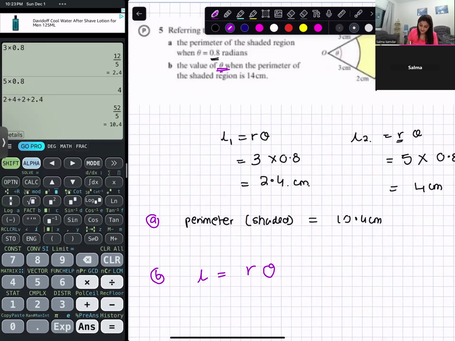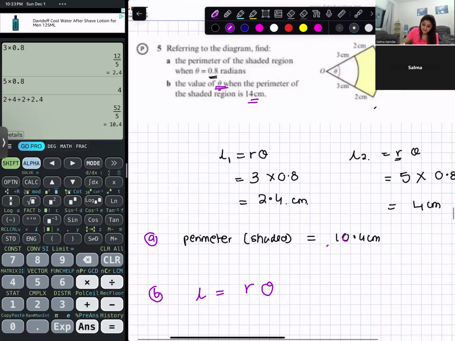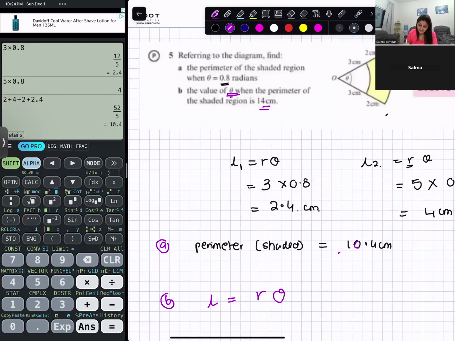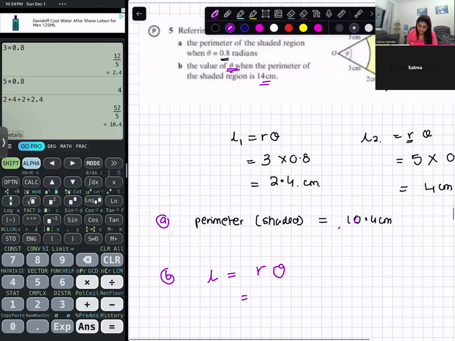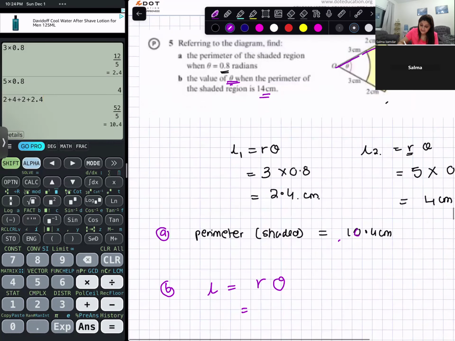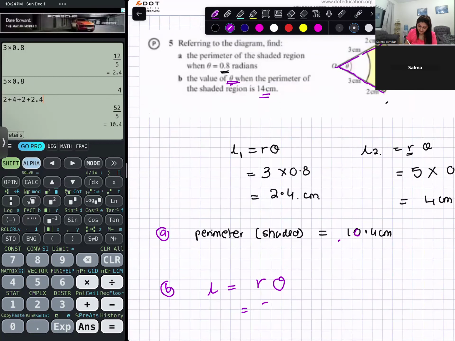Perimeter of the shaded region is 14 centimeter. I will look at the radius over here. My radius is not going to change. My radius is 5 centimeter. I want to find theta.